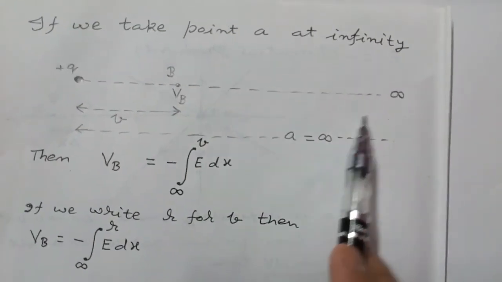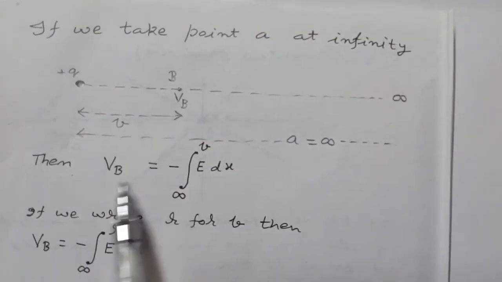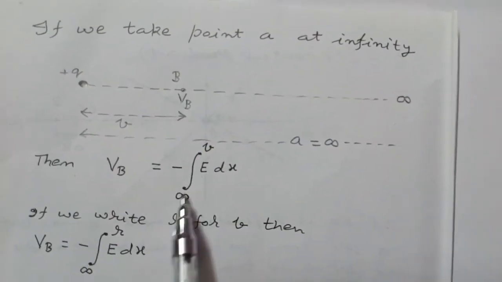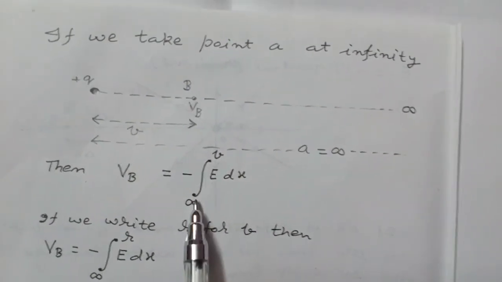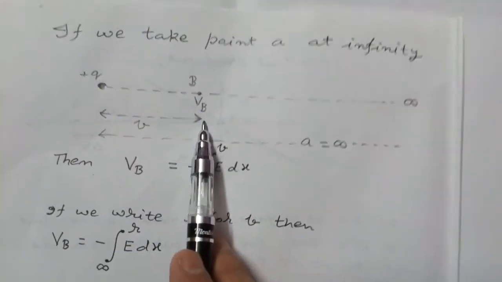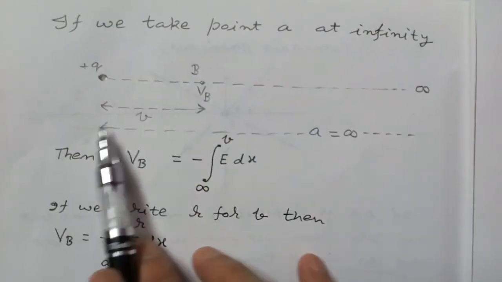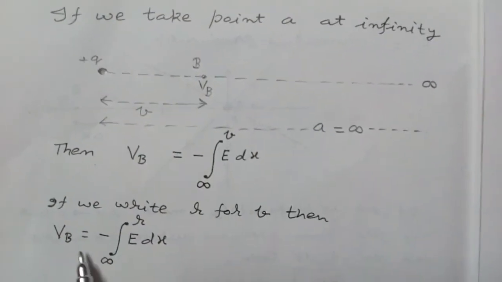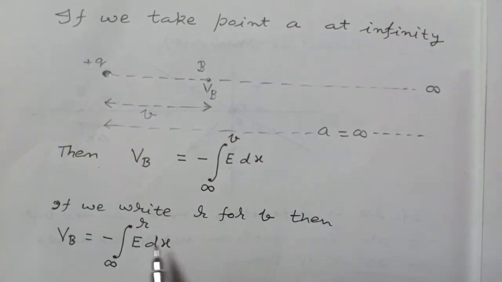So we bring a unit charge from infinity to point B, then V will be equal to minus integration E dx, and the limits are from infinity to B. Here the distance is B. If we write this distance as r, then VB is equal to minus integration infinity to r E dx.